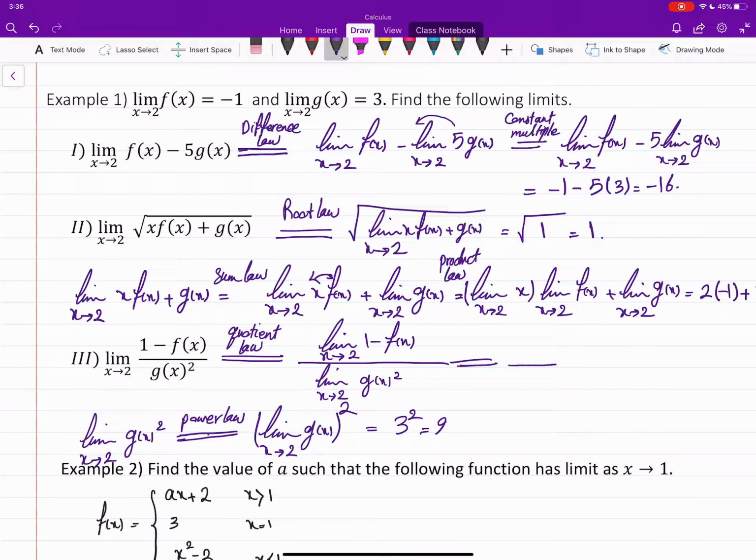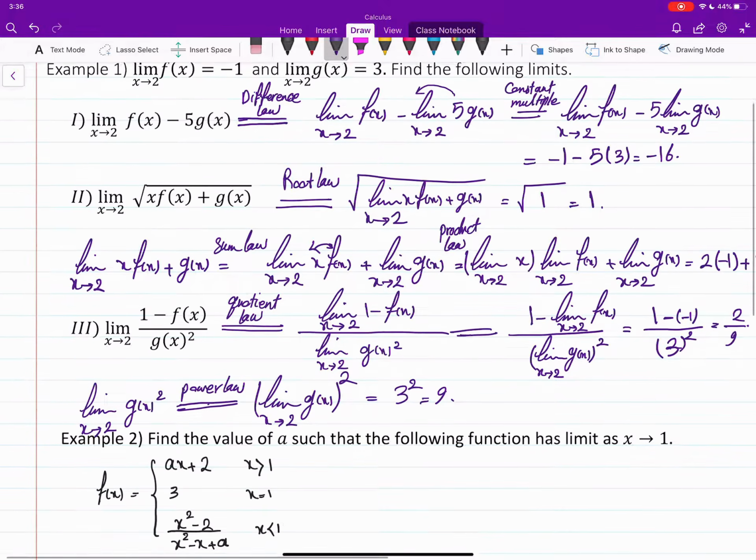While applying proper laws here, I will get 1 minus the limit of f(x) as x goes to 2, and then the limit of g(x) squared as x goes to 2. And this gives us 1 minus negative 1 over 3 squared, which is 2 over 9. And well, that's how we find those kinds of limits.